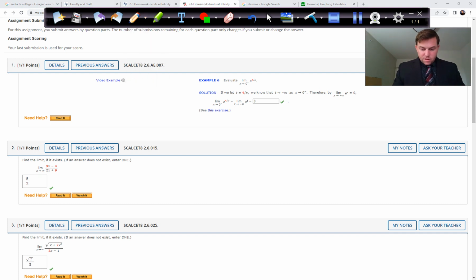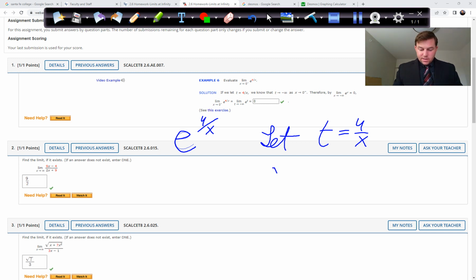Okay, so we have e to the 4 over x. And they say let t equal that exponent. And then they say as x approaches 0 from the left, so it's negative numbers, but they're small negative numbers.